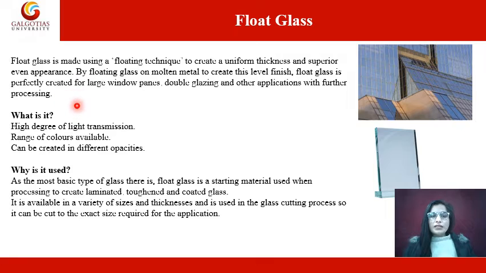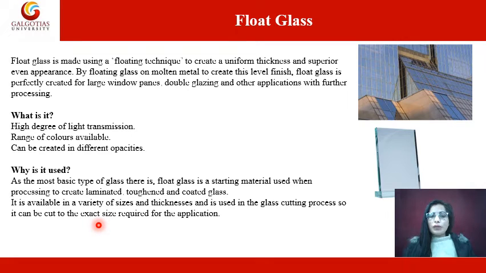Float glass is made using a floating technique to create a uniform thickness and superior even appearance. Why is it used? Because, as the most basic type of glass, float glass is a starting material used when processing to create laminated, toughened and coated glass.